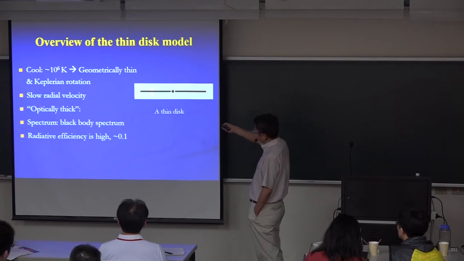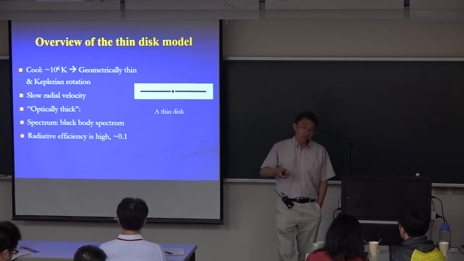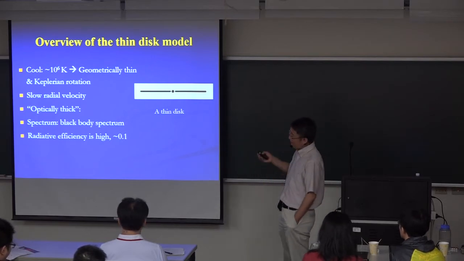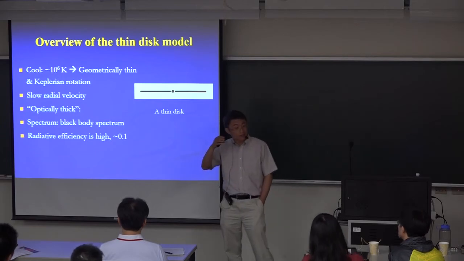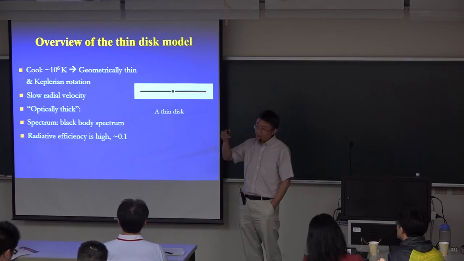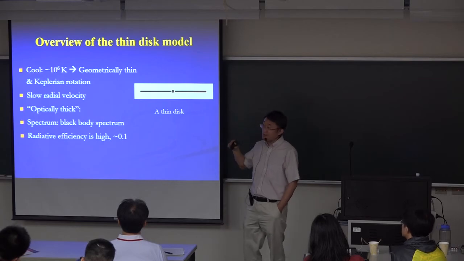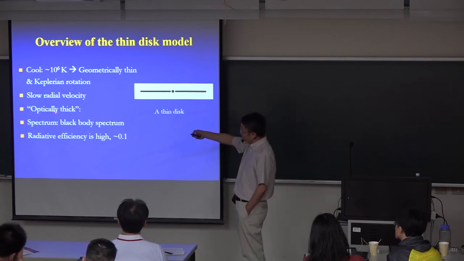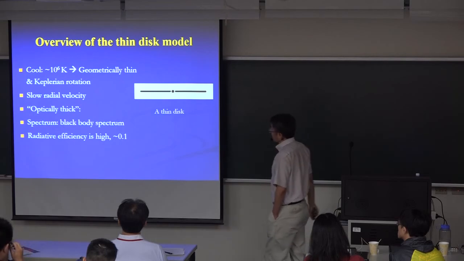So once the photons are produced within this accretion flow by various kinds of physical mechanisms, such as bremsstrahlung and synchrotron radiation, they will collide with the electrons in the plasma many times, through absorption and emission, before they escape from the accretion disk. We call this case optically thick. So this is a typical feature for thin disk.